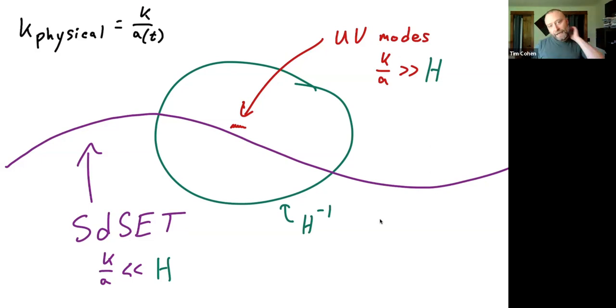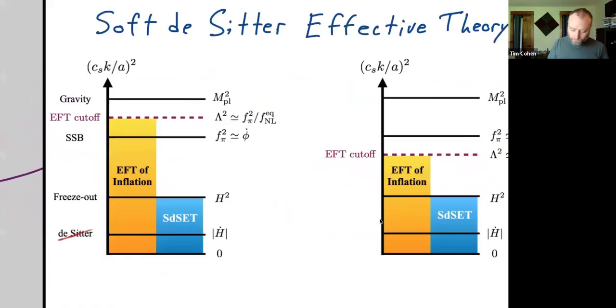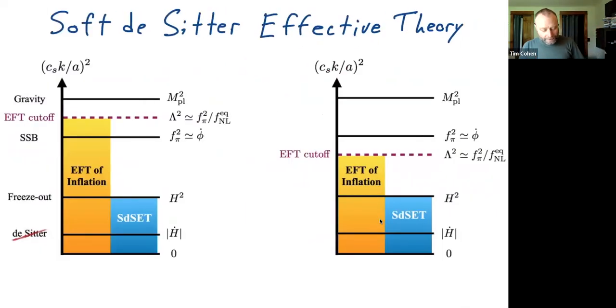And then come back and are the seeds of structure today. So in terms of these scales, the soft de Sitter effective theory is basically relevant as soon as you're talking about energy scales below Hubble, okay? I'll come back to this, but here we're going to look at two different choices of the scale for these interactions in a bit.